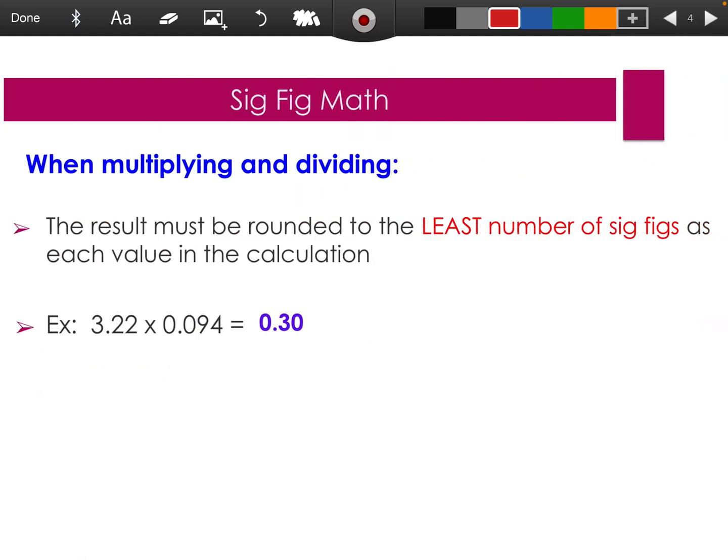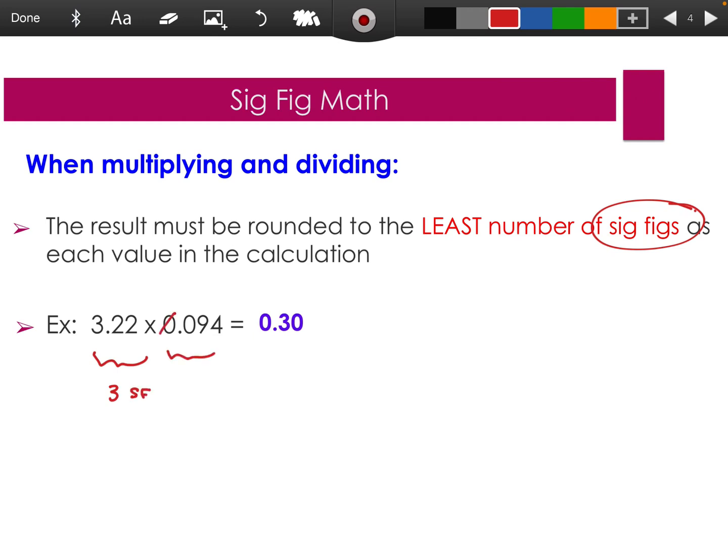When you're multiplying and dividing, you take your result and round it to the least number of sig figs of any value in the calculation. If you have this example, 3.22 times 0.094, this first measurement has 3 sig figs.